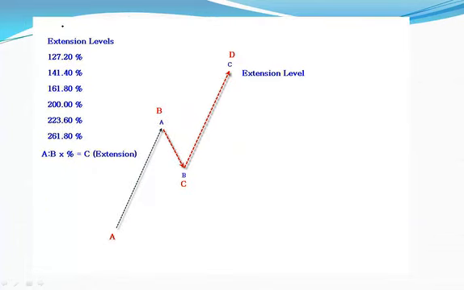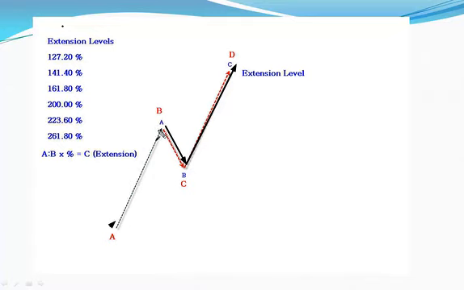Now, what's an extension? Let me draw this out for you. An extension is basically you take B to C right here, and you're extending it up. So from this point right here, A to B, that's your impulse, okay, that's your up.